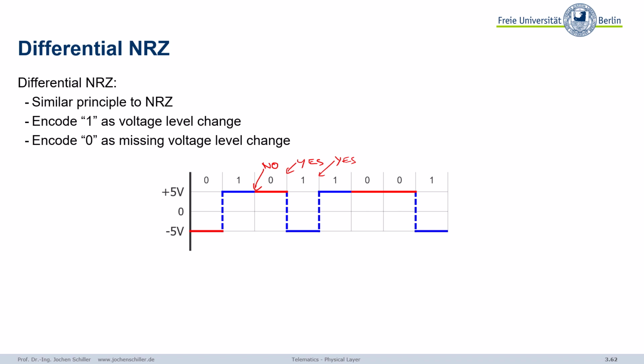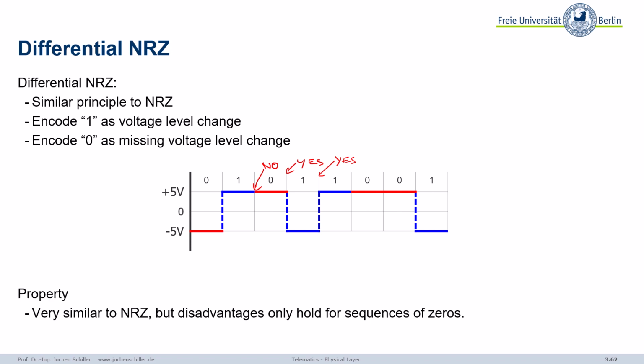So this helps a bit, but the disadvantage of going out of sync is now only for sequences of 0s, not for sequences of 1s. Because we change the voltage level for each 1, we have solved the problem there. But still, for long sequences of 0s, we have a problem.